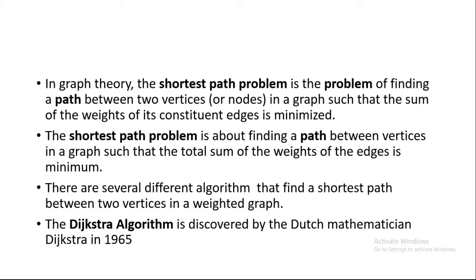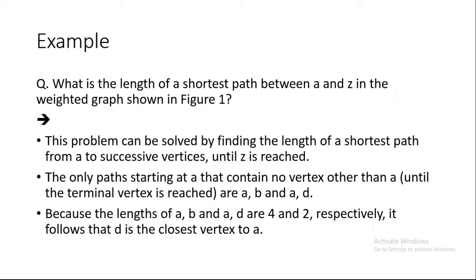This algorithm was discovered by the Dutch mathematician Dijkstra in 1965, and that's why it is called Dijkstra's algorithm. Understood? Because it was discovered by Dijkstra, the algorithm is called Dijkstra's. Now this algorithm can be used to find the shortest path between two cities.